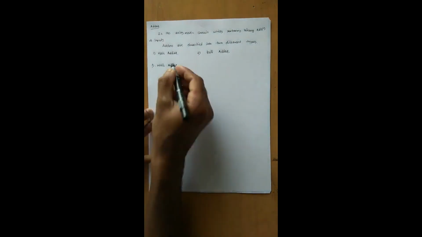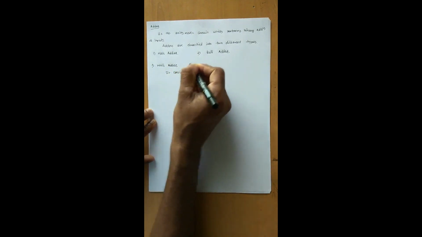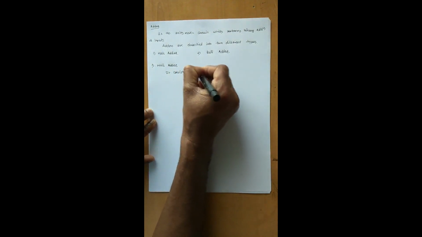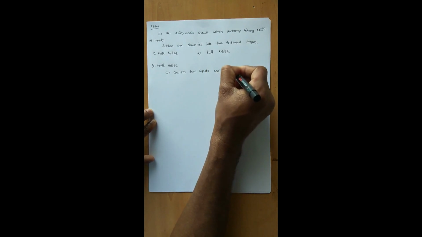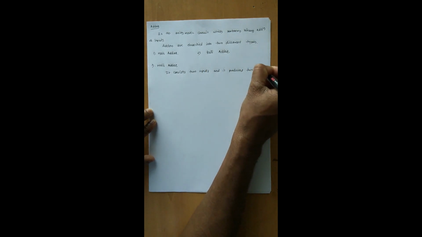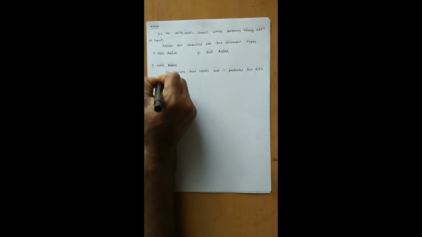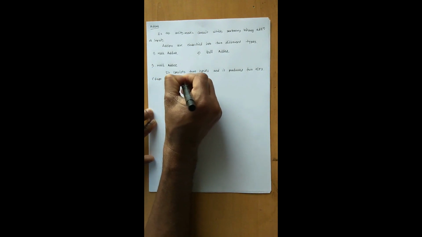A half adder consists of two inputs and it produces two outputs. The outputs are sum and carry out. These are the two outputs of a half adder.